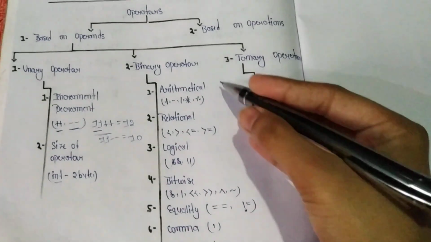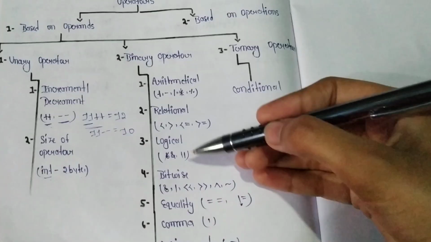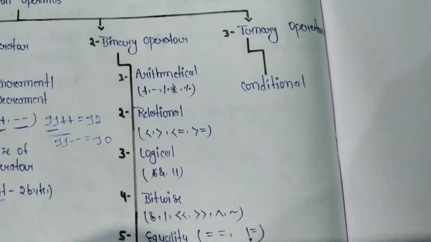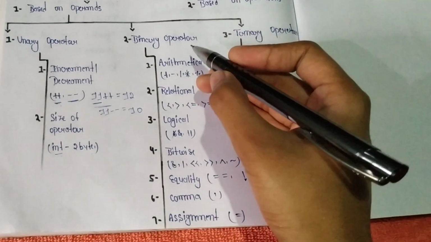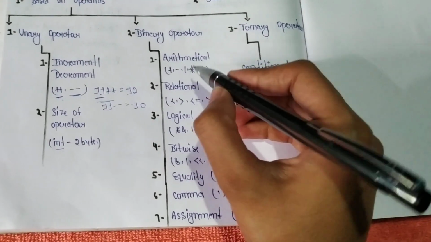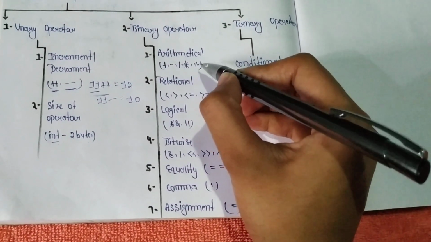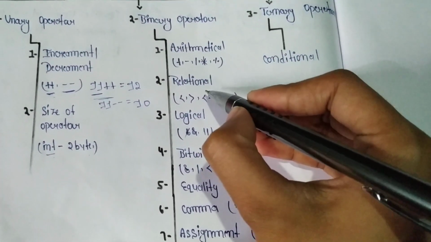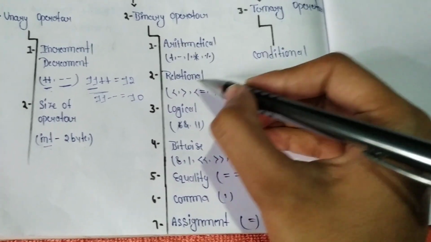Now let us discuss the classification of binary operators. The first one is arithmetic. In arithmetic operators we include plus, minus, divide, into and modulus. The second one is relational.